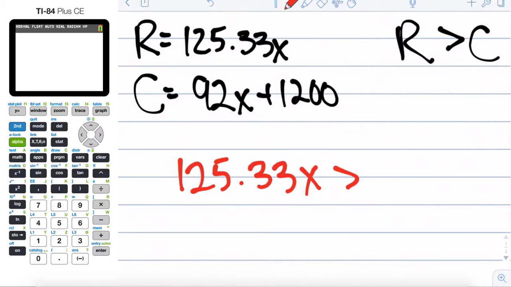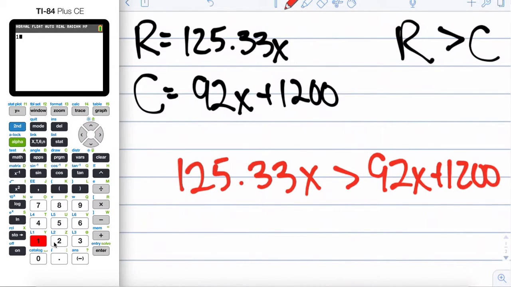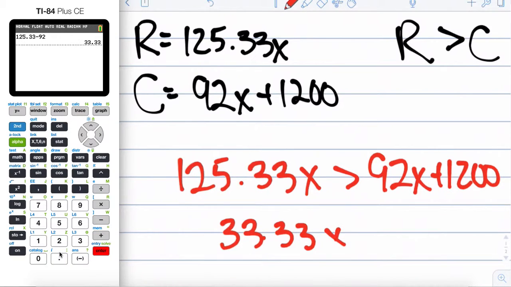So I've got 125.33X is greater than 92X plus 1200. I subtract the 92X, so 125.33 minus 92 equals 33.33, times X is greater than 1200. And then we take 1200 divided by that right there.